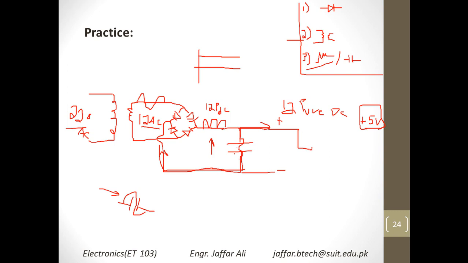A voltage regulator is a device that basically regulates the voltage. Let me show you the diagram of the voltage regulator. Normally for 5 volts the voltage regulator is specified as 7805. This is the series of voltage regulators mostly used in mobile chargers, laptop chargers, or your UPS, etc.